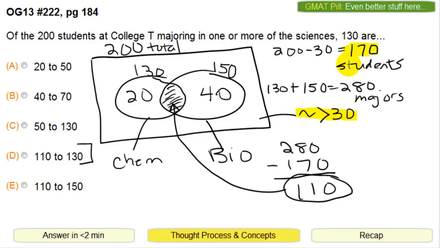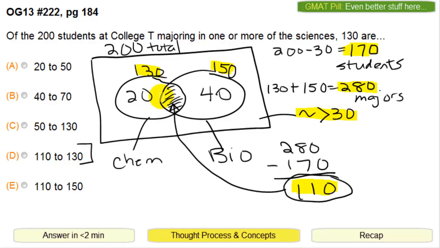So if 170 of them are making up this crowd, then if each student had one major, you would have 170 majors. But we're told that if you add this number up, 130 plus 150, you get 280. Well, that exceeds the 170 limit by how much? It exceeds it by 110.